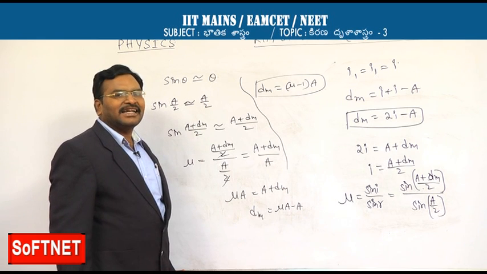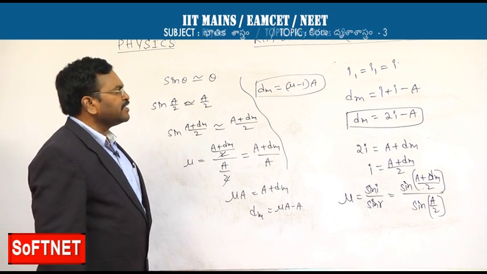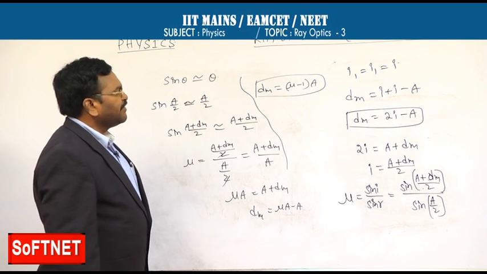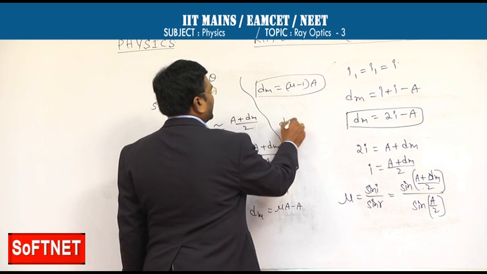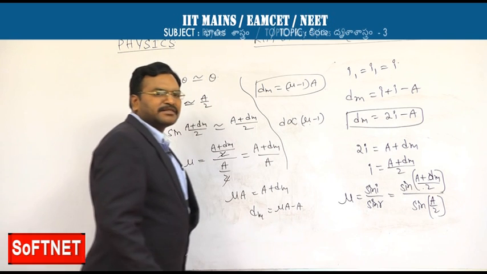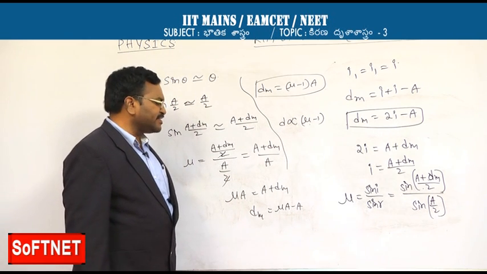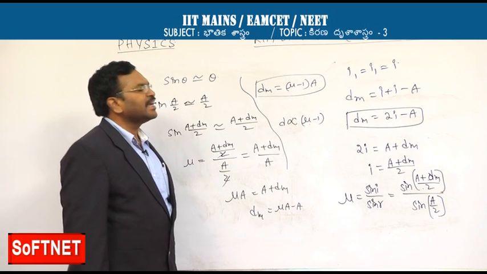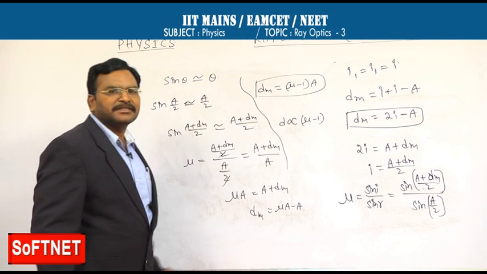For red color light ray, wavelength is more, refractive index is less, deviation is less. Deviation is proportional to mu minus 1. What is A? Angle of prism. This formula is for a small angled prism.